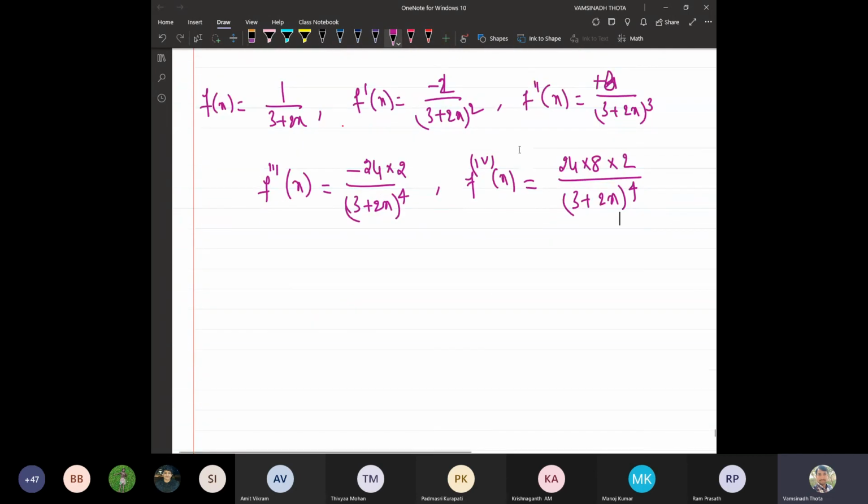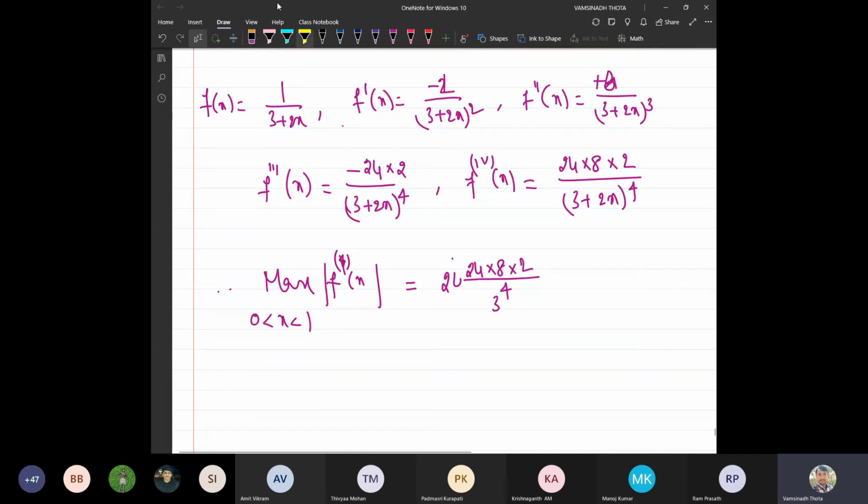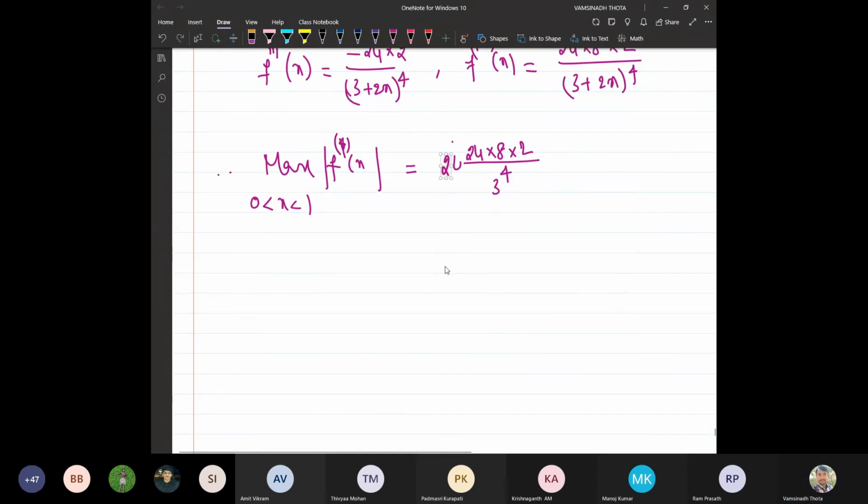Now we want the maximum of this function in the interval 0 less than x less than 1. Any guess? It will be 24 times 8 times 2 upon 3 to the power 5.